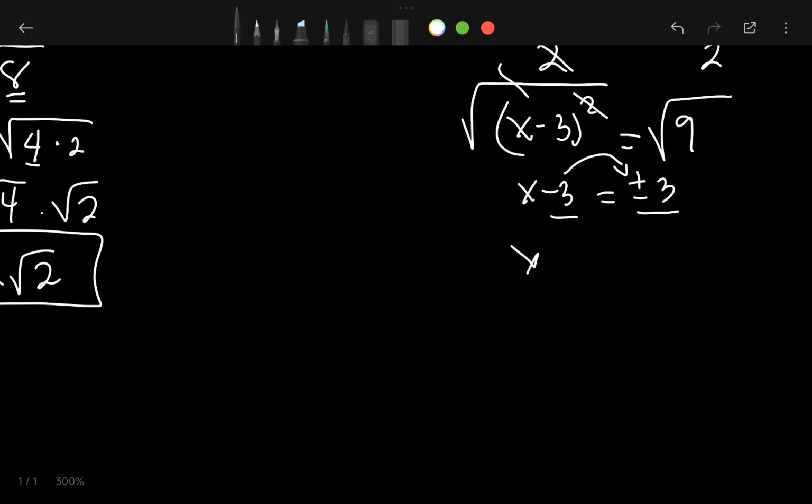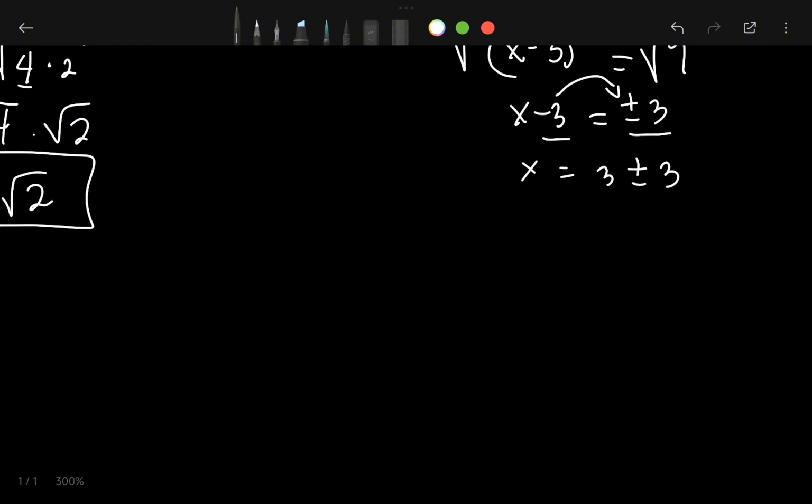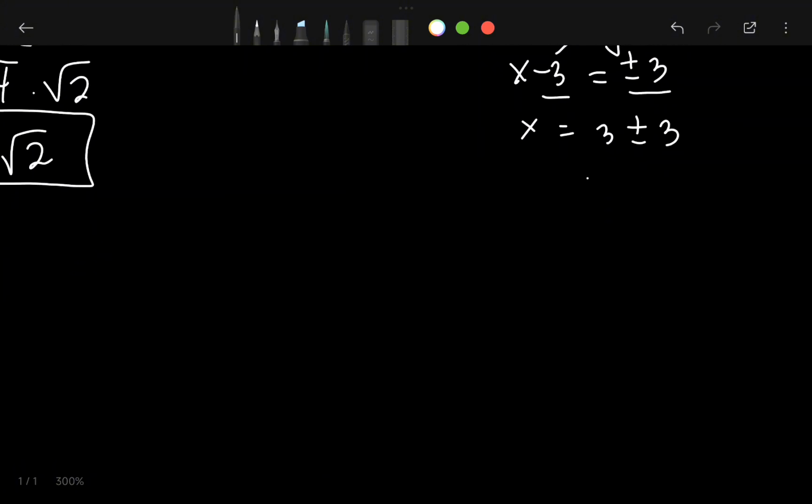So you have x is equal to 3, positive, negative 3. Now, the next step that you need to do is have a separate solution for positive 3 and negative 3. Again, you have two answers here, so you just need to have a separate solution for that.